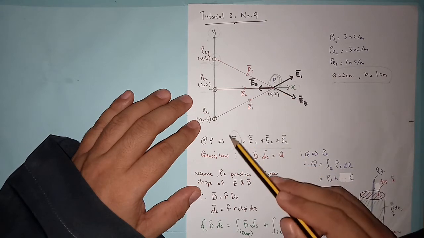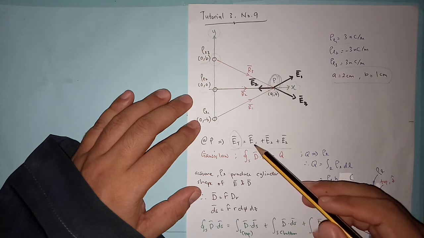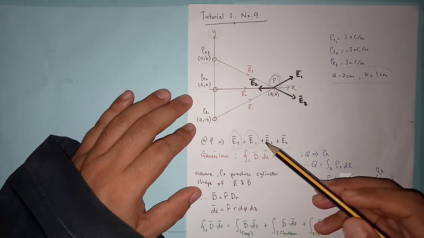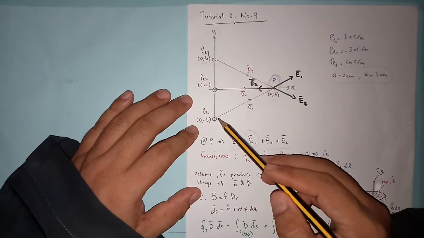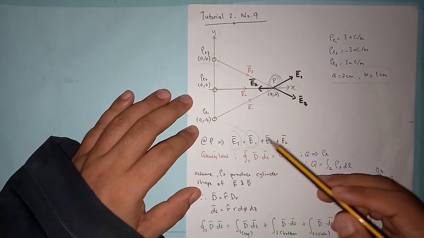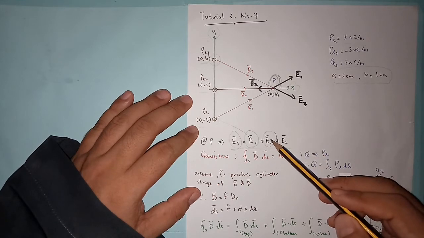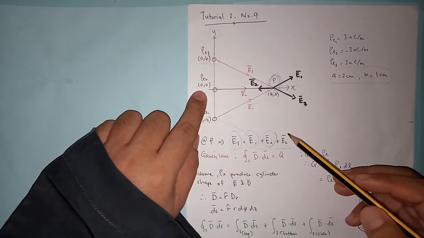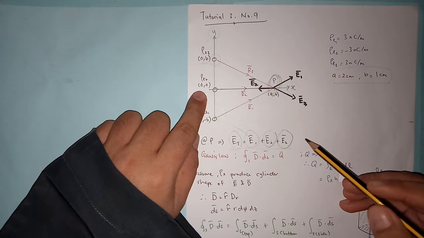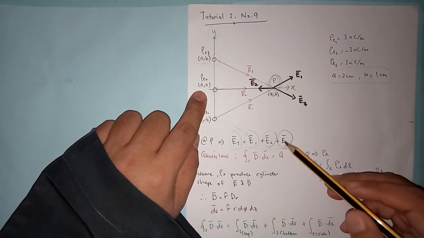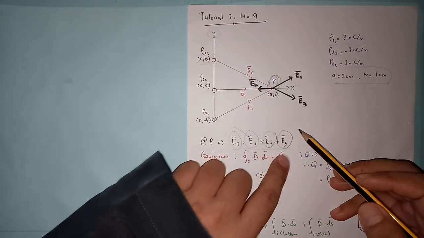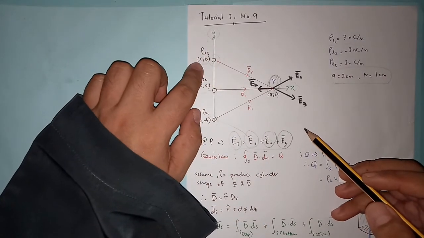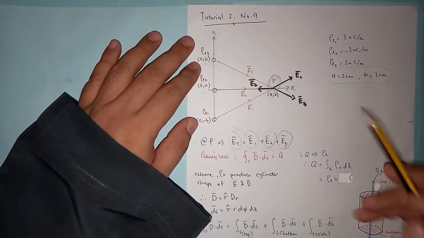The total electric field intensity is equal to vector E1, the electric field intensity produced by the first line charge density, plus vector E2, the field intensity produced by rho L2, plus vector E3, the electric field intensity produced by rho L3, the third line charge density.